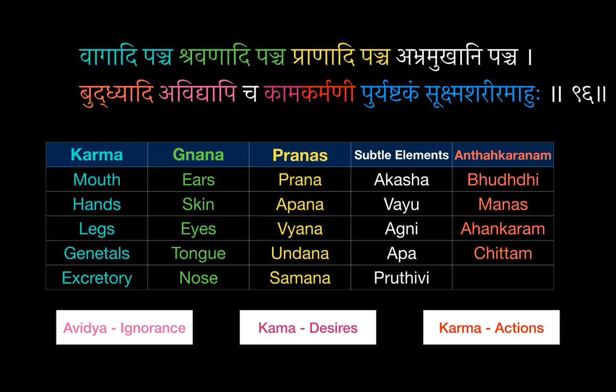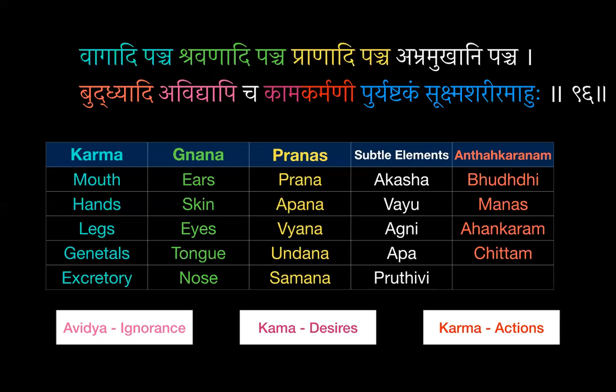But are we really not complete? Shastra says you are Purnam. Purnamadah Purnamidam Purnat Purnamudachyate. Shastra says you are complete in yourself, but because of ignorance, we forget that we already are complete, and we seek out other things thinking that other things are going to complete us.